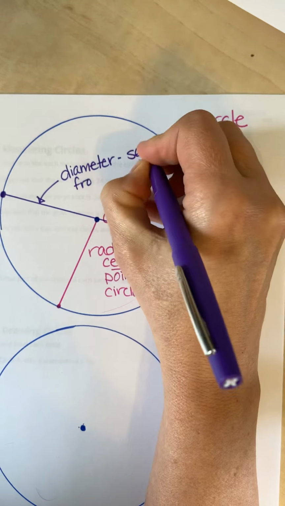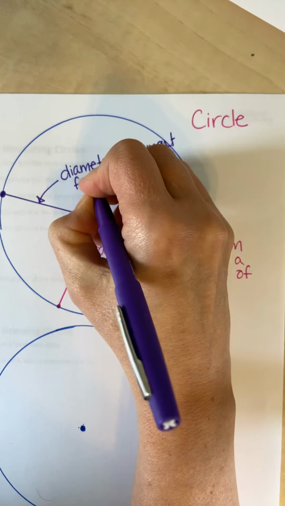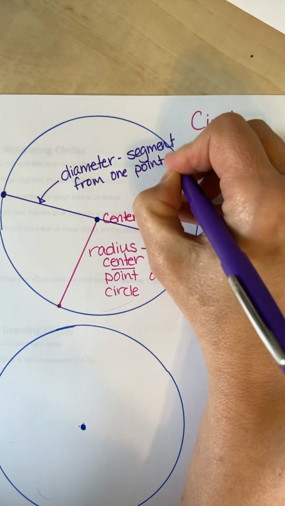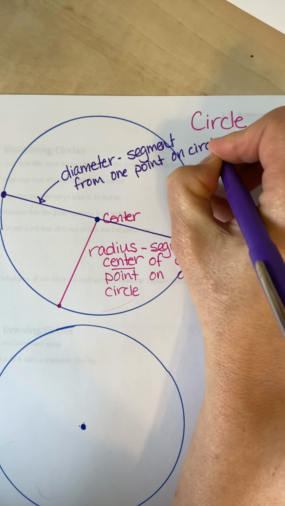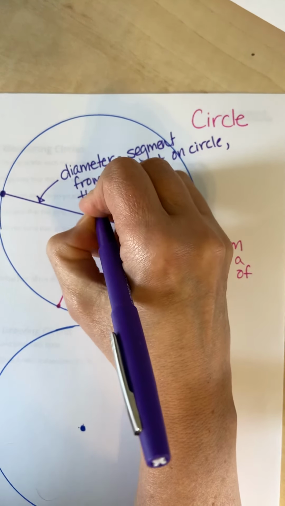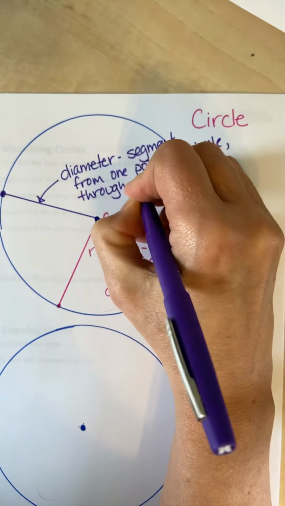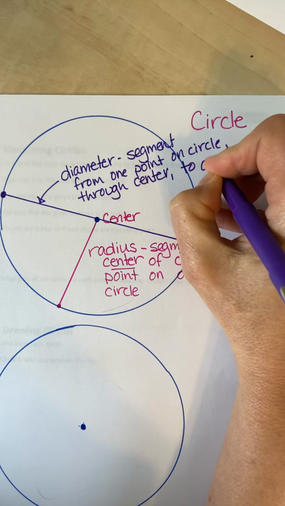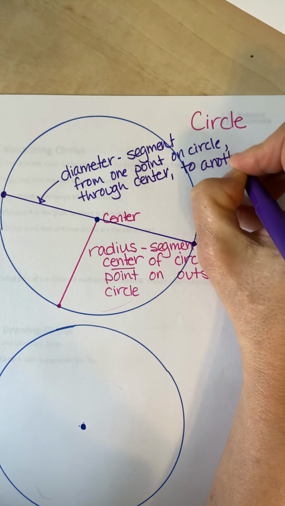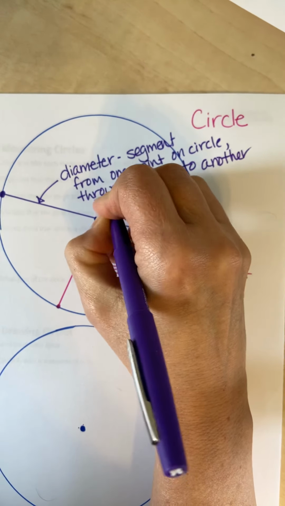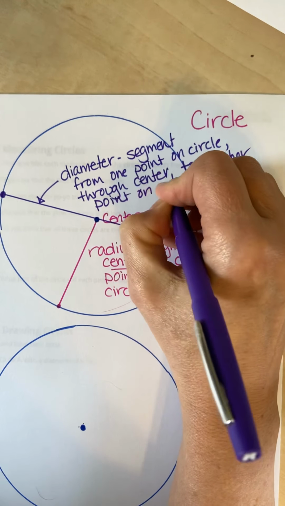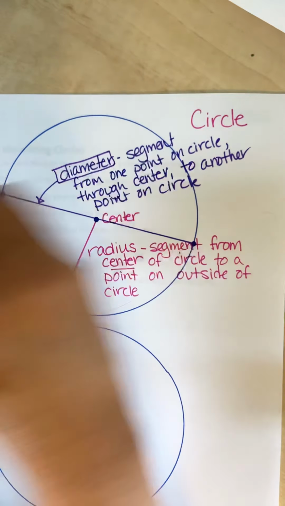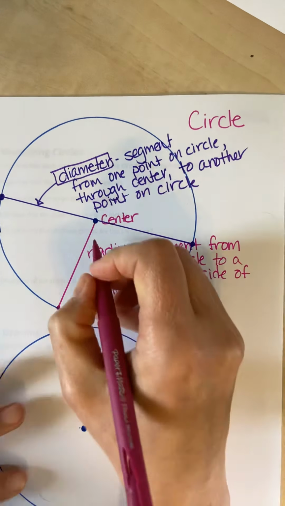I forgot to write segment. From one point on a circle through the center, that's important, to another point on the circle. Okay, that's your diameter. So you've got a diameter and you've got a radius.